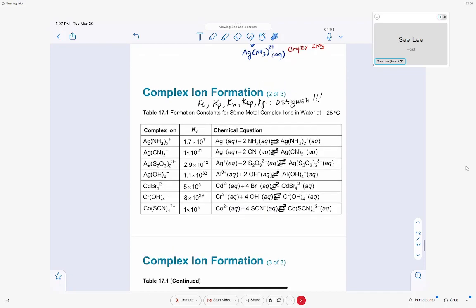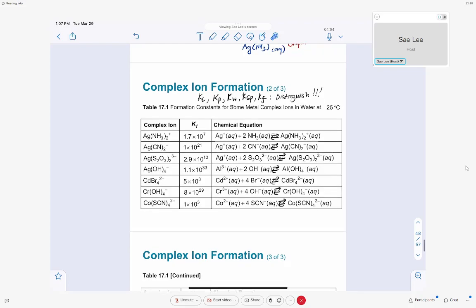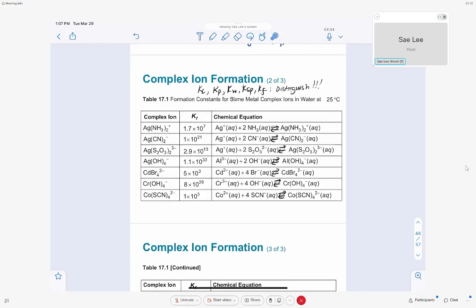These complex ions are also soluble in water, so they will have an equilibrium constant as well, denoted as Kf. We have learned so many different equilibrium constants so far: Kc, Kp, Kw, Ksp, Kf. You should be able to distinguish all of these equilibrium constants for the final exam, okay?